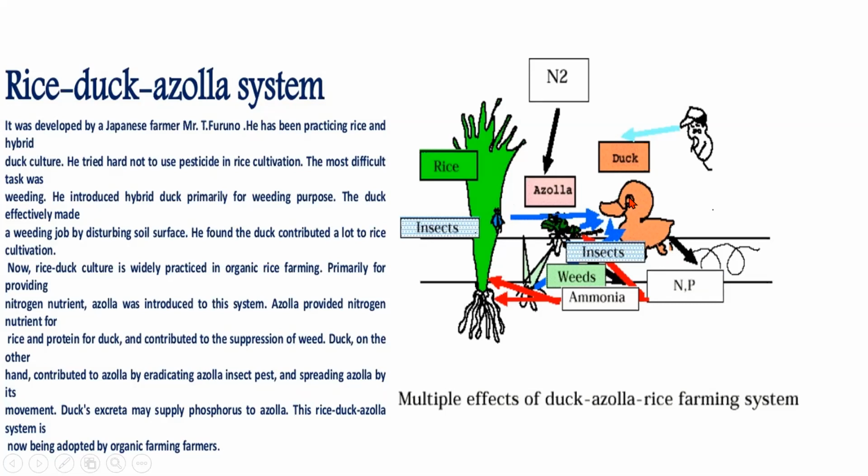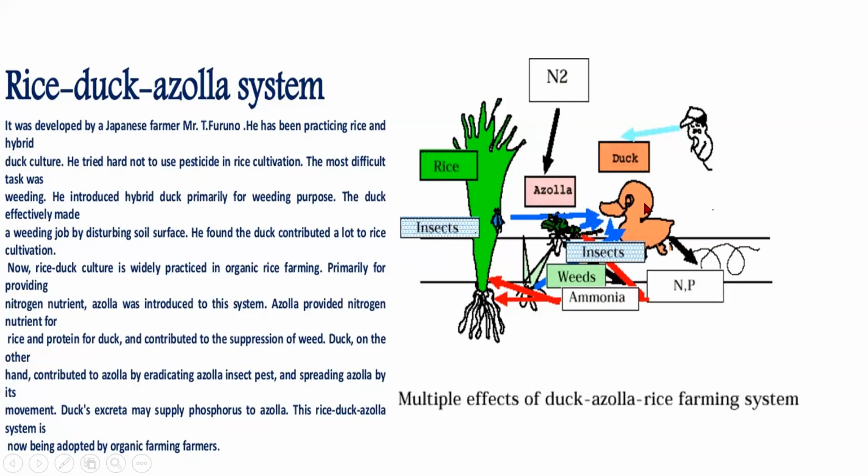Another point is, the duck started eating the insects which would otherwise control the azolla population. The duck's excreta will supply phosphorus to azolla. So the rice duck azolla system is being adopted as an organic farming technique. Azolla provides nitrogen, it fixes the atmospheric nitrogen, and it provides it to the growing rice.